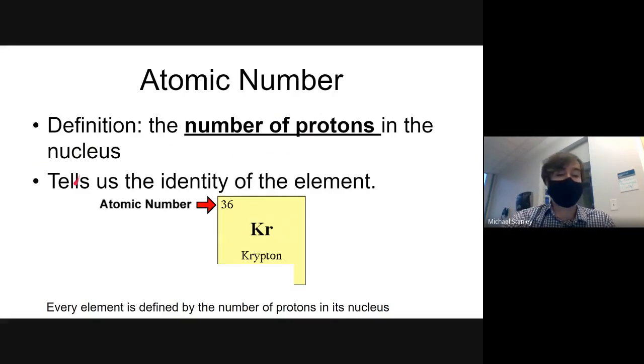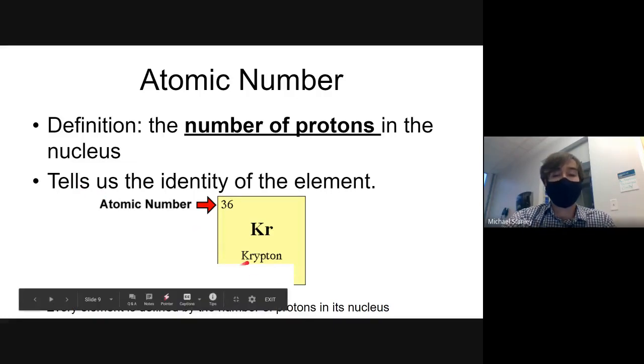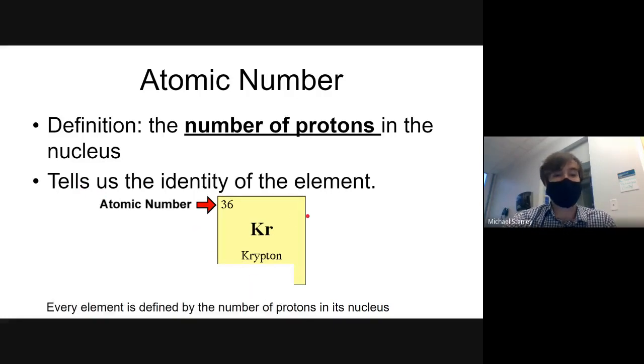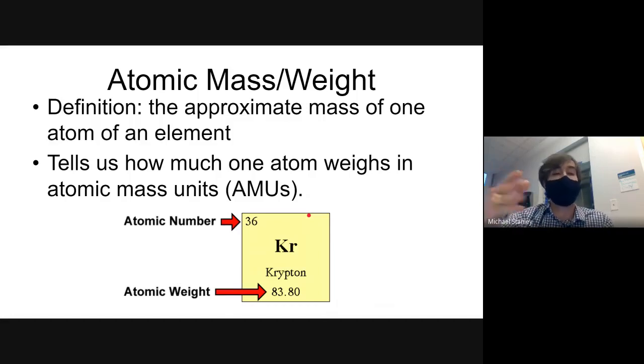The other number on our little box, instead of the atomic number, is the atomic mass, also sometimes referred to as the atomic weight. The atomic weight is the approximate mass of one atom of an element. So how much does this particular atom weigh? Now, as you might guess, we cannot weigh atoms using a scale at our house or by conventional measures like grams or ounces or pounds.